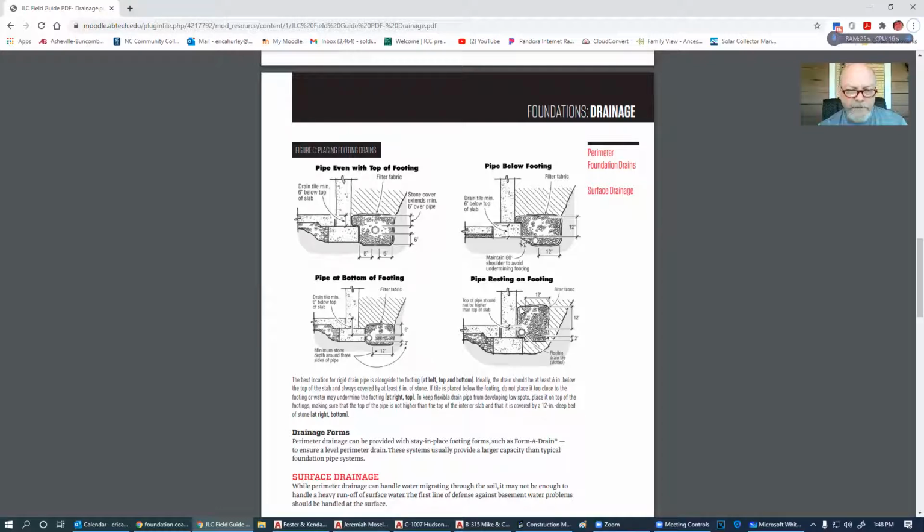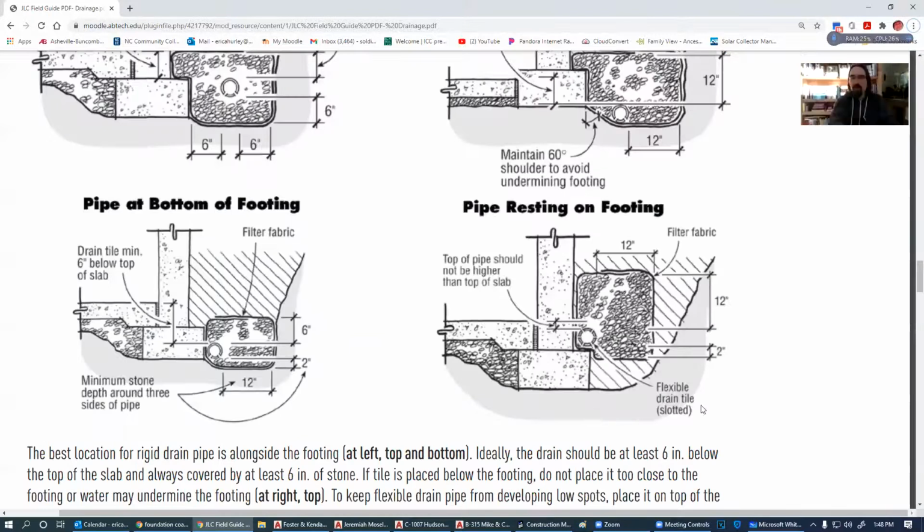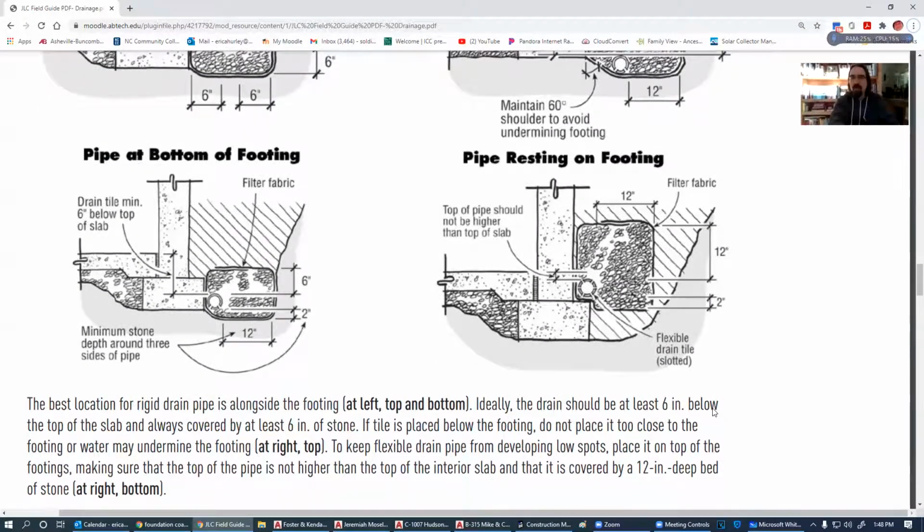My understanding is the reason for that is that footer drain is going to be dealing with a lot more groundwater than surface water, and you should be addressing your surface water in other ways first. Yes, the footer drain is going to deal with some surface water that gets down there, but one of the reasons they're recommending having your footer drain alongside your footer is so that the groundwater gets dealt with and your footers don't sit in water. Right. I understand.